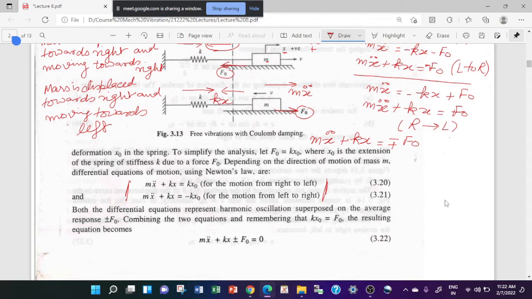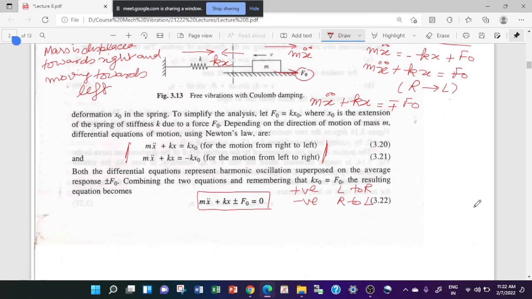So when I take this f on the side, it becomes this equation. So again I can say that the positive sign is for left to right and the negative sign represents right to left motion.